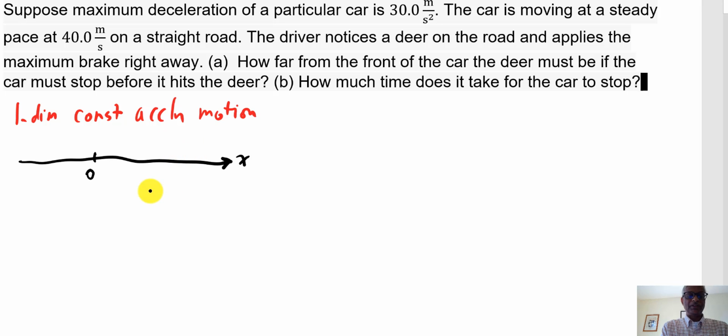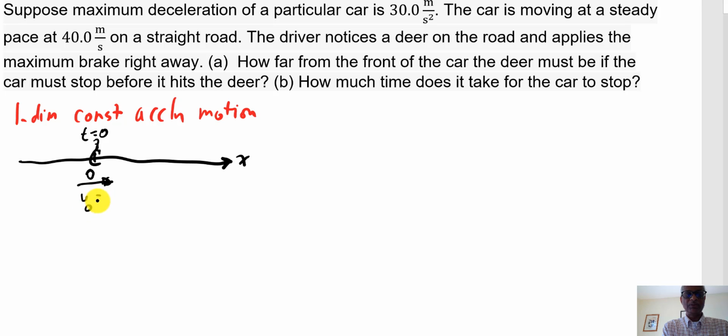And always there are two time situations. Normally we call this time zero, when the car is here, and it's always a good idea in setting up the problem to have the initial velocity in this direction.